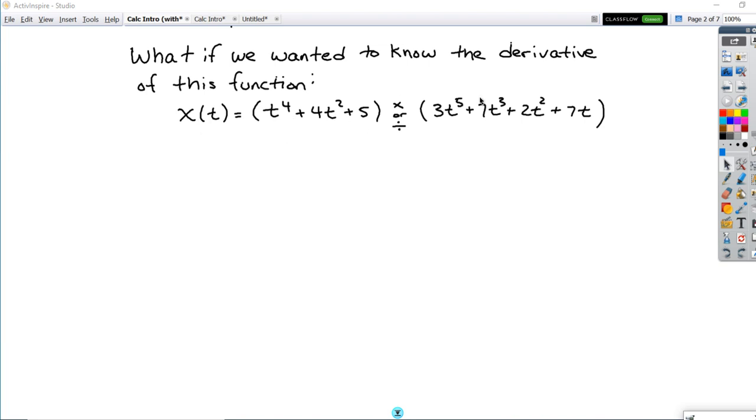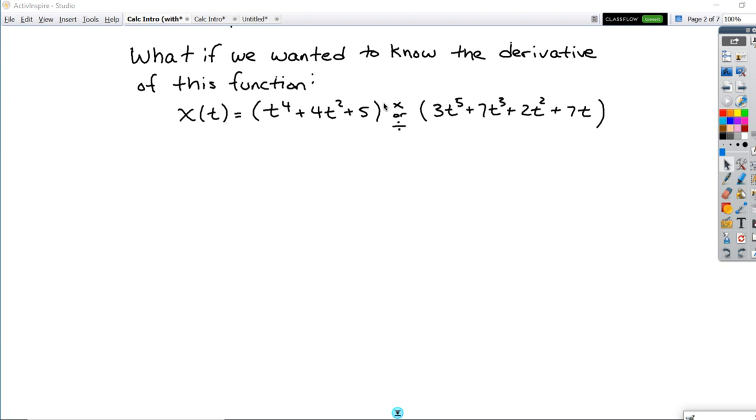Each of these separately is straightforward with our basic rules, or sorry, four rules: the power, multiplier, sum, and constant rules. You could use those four rules to find the derivatives of either of these polynomials.